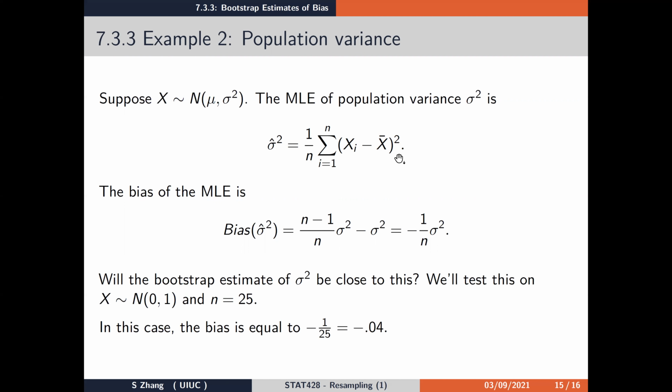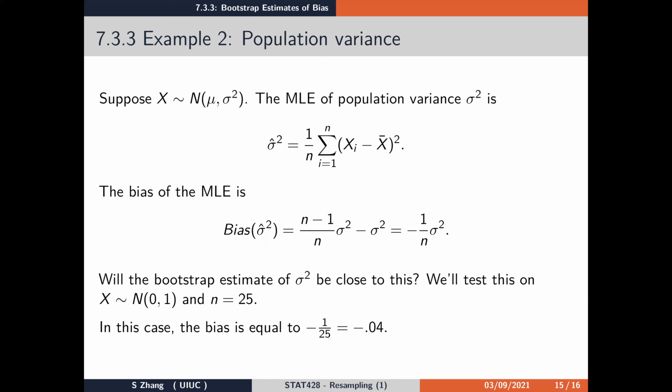You know that this thing is biased. So the bias of this MLE, sigma hat squared, is equal to (n minus 1) divided by n times sigma squared, minus the true value sigma squared, and that's equal to -1 over n times sigma squared. So let's see if the bootstrap estimate for the bias of the MLE will be close to this.